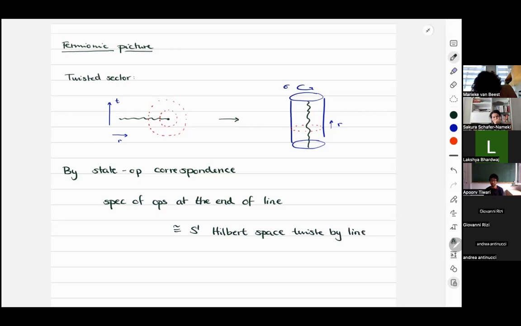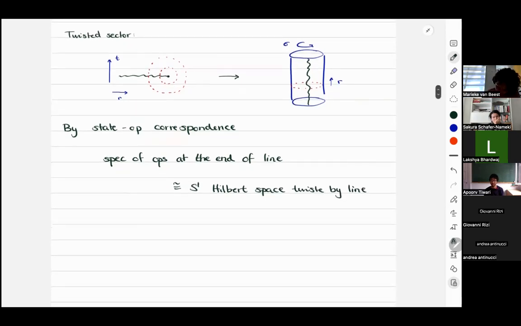By the line action. So what that means is I have a certain non-trivial boundary condition that if I take some psi and move it around the circle once, it picks up a phase.